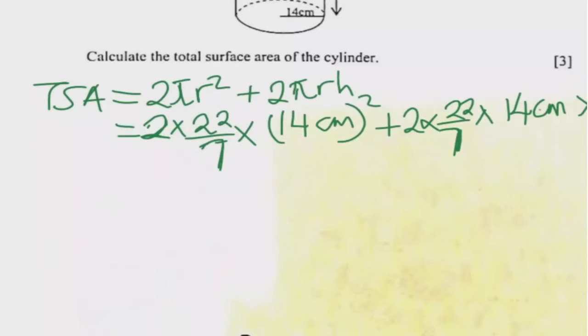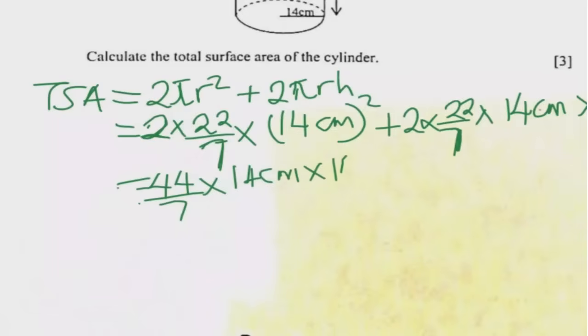Okay, now let's evaluate that. So 22 times 2 will give us 44 over 7. Then we expand that one, 14 centimeter times 14 centimeter, then plus 22. First of all, we evaluate this. We say 7 into 14, it will go 2 times. So we have dealt with 7. We are remaining with 2 times 22, which will give us 44.